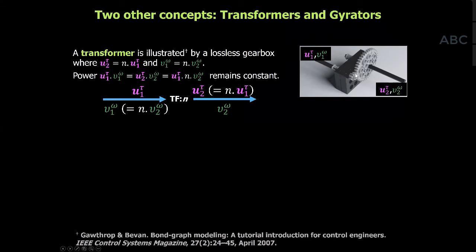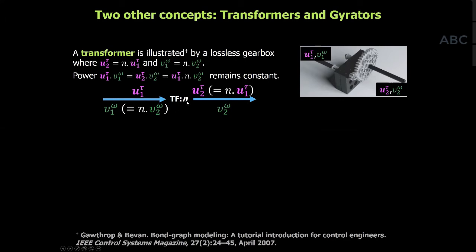So if we assume for the moment that there are no losses in here, and all we're doing is exchanging energy, we need to ensure that the product of these two equals the product of these two, because you're not losing energy, not losing power. So with a gear ratio of N, the torque on the output is N times the input, and the velocity is faster by that same factor N on the input than the output, but the power stays exactly the same.